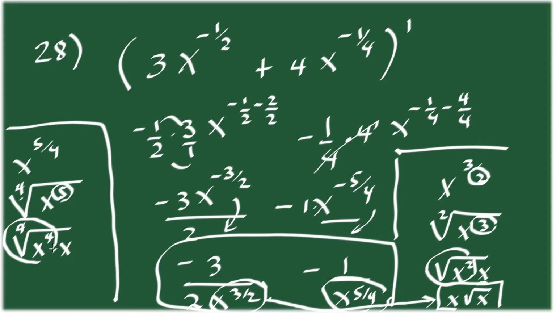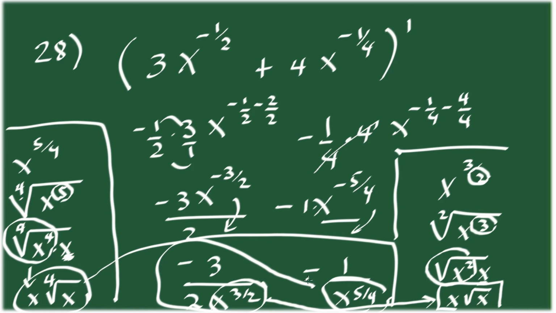The fourth root of x to the fourth is going to be x, and this x stays inside the fourth root. So you rename this part with this one. That's also another way to express your final answer. Sorry about the mess, but hopefully you understand what I mean by renaming.